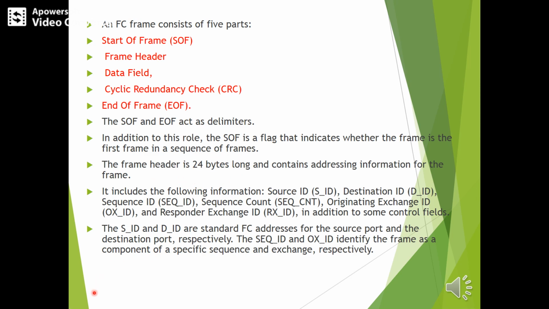It also includes the following information like source ID, destination ID, sequence ID, sequence count, originating exchange ID, that is OX ID, and responder exchange ID, in addition to some control fields.